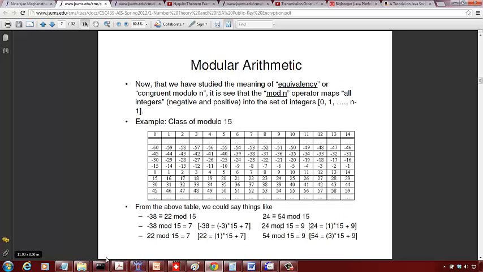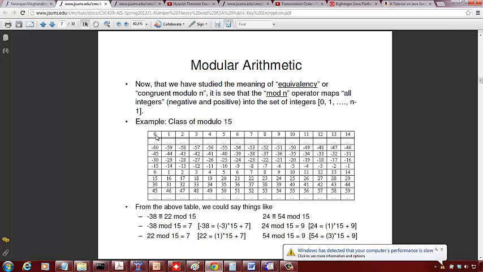Alright. Okay, so same thing, another example, class modulo 15, we say what? These integers, negative 60, negative 45, negative 30, negative 15, all these things are equivalent to each other, because if anything here in this column is divided by 15, we get the remainder to be 0.